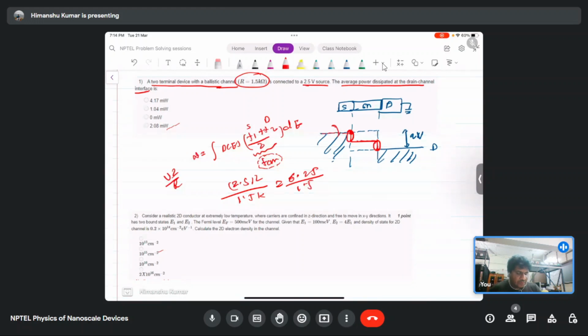Okay, if you solve this, just wait. Yeah, V square by R is the total power; for the average power at the interface we need to divide by half also. So it will be around 2.0 milliwatt if you calculate exactly by calculator.